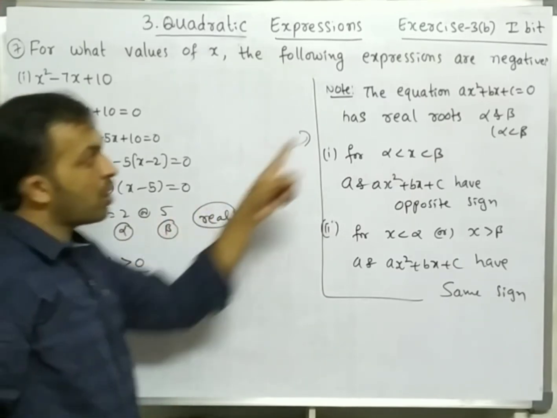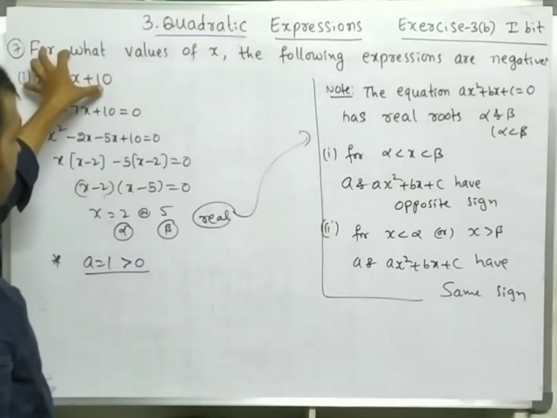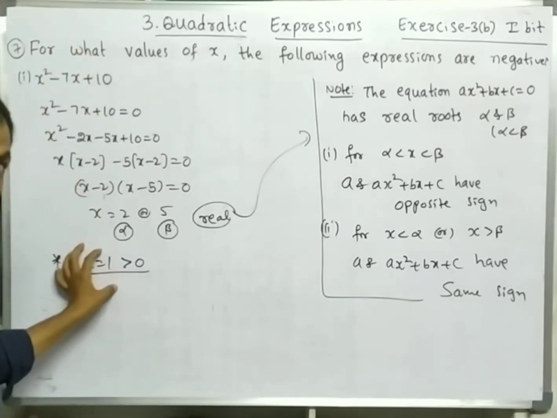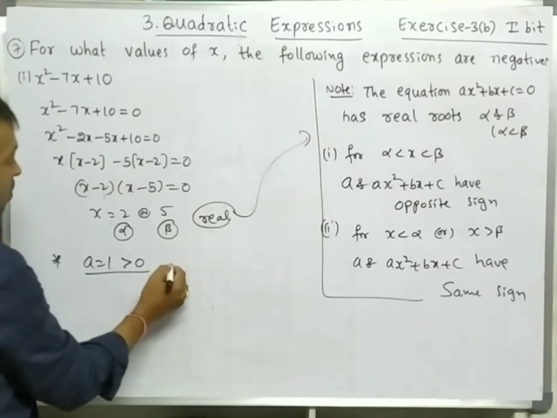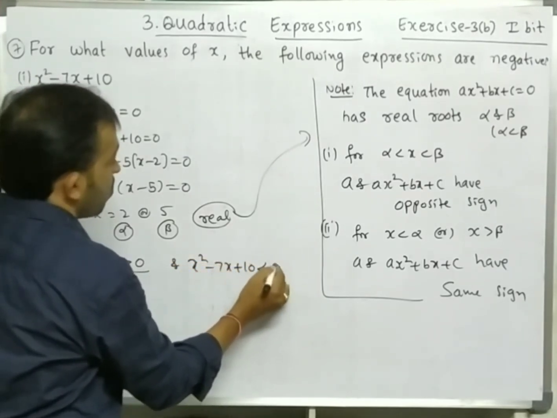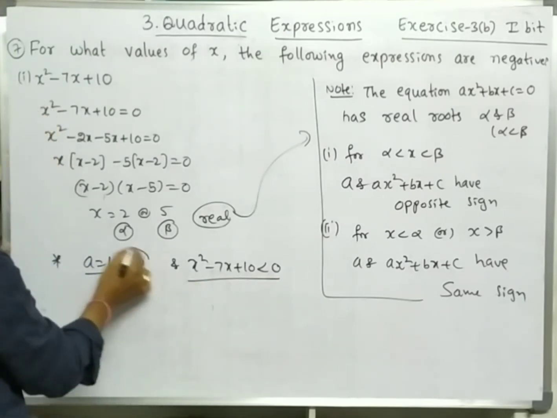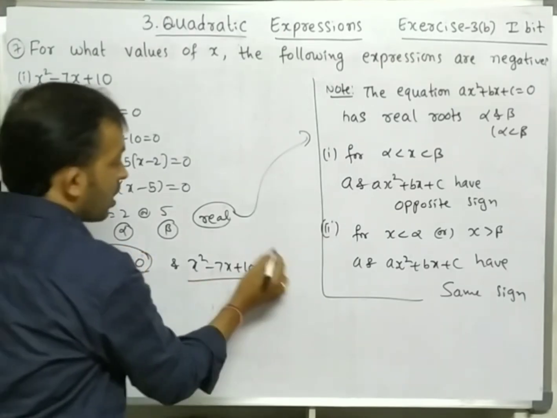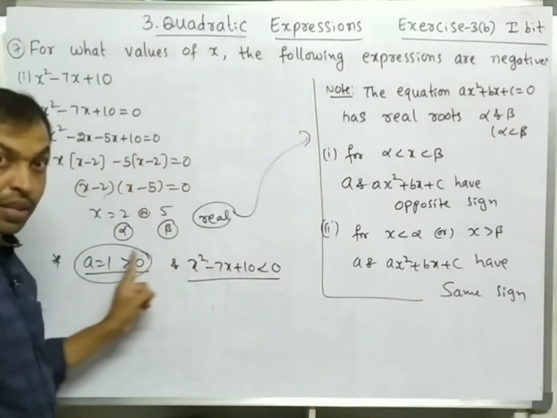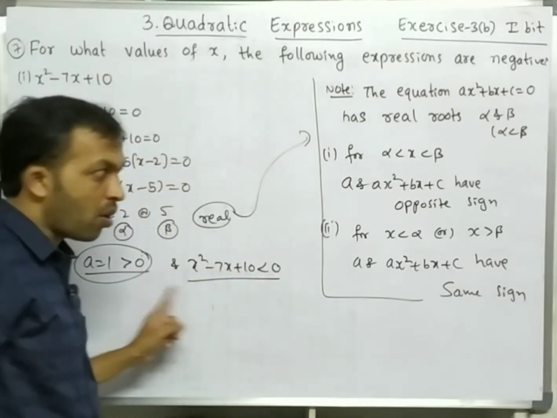So the question is when the quadratic expression is negative. So x square minus 7x plus 10 should be negative. So the a value is positive and the quadratic expression is negative. When is it possible, when both have the same sign or different sign? Different, opposite sign.